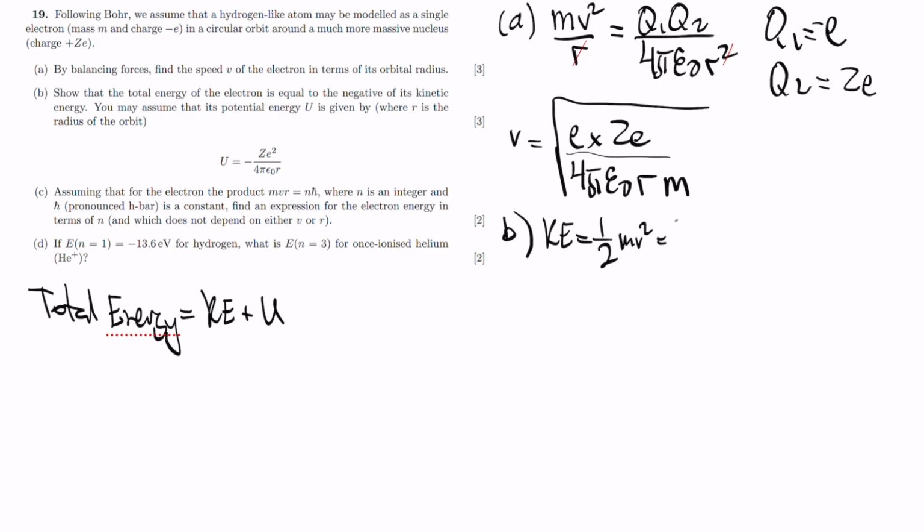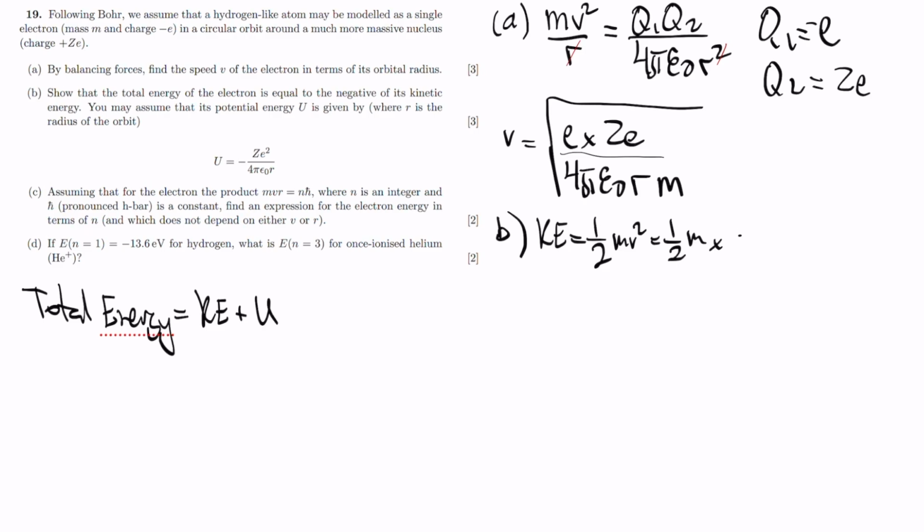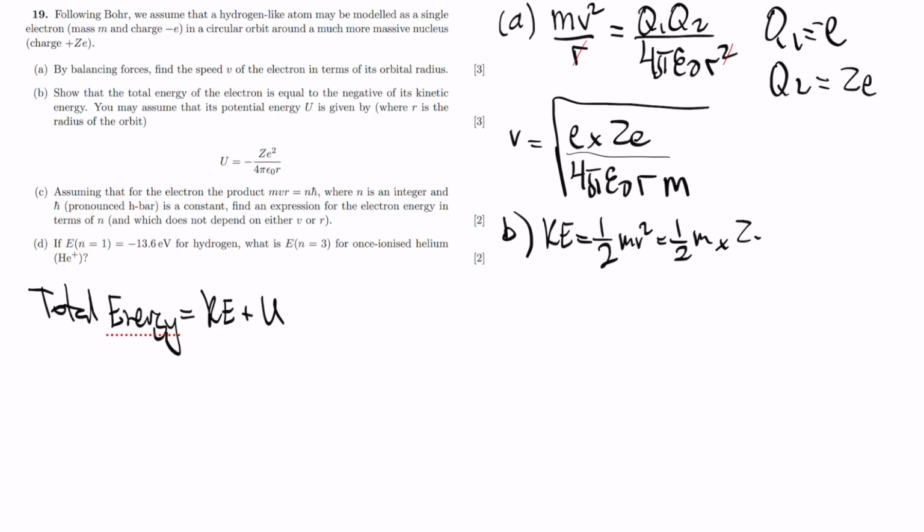What is that going to give me? It's going to give me a half m. Now v squared is that, so this will be multiplied by Ze squared, and then I'm going to be dividing that by 4 pi epsilon naught m r. Okay, I'm ready to do a little bit of cancelling out.